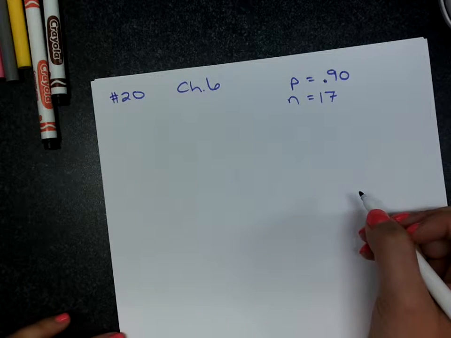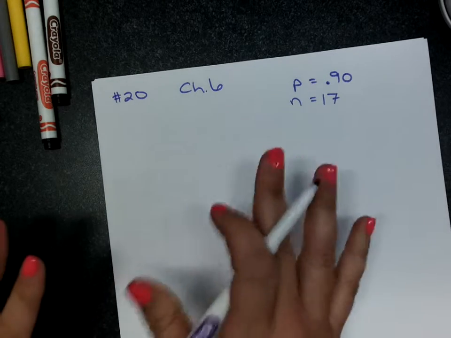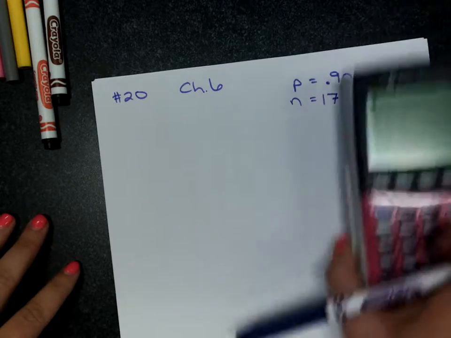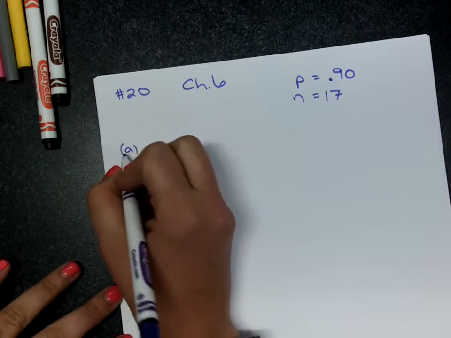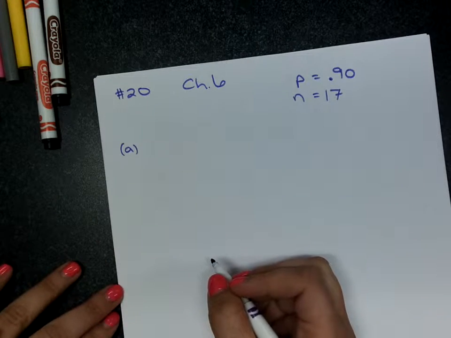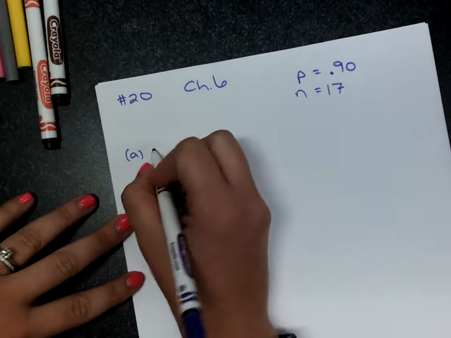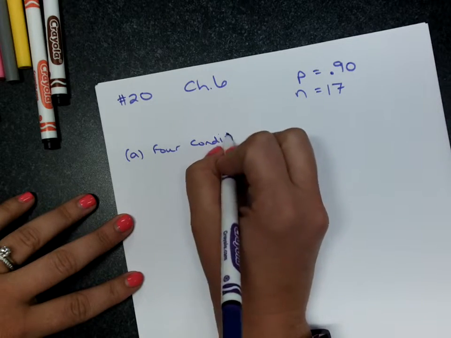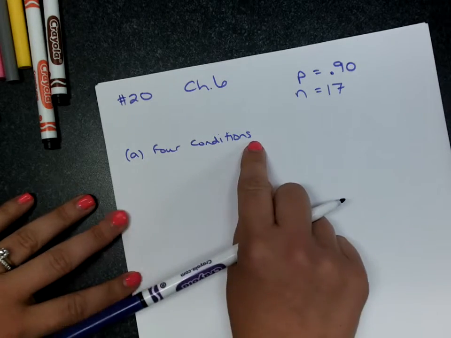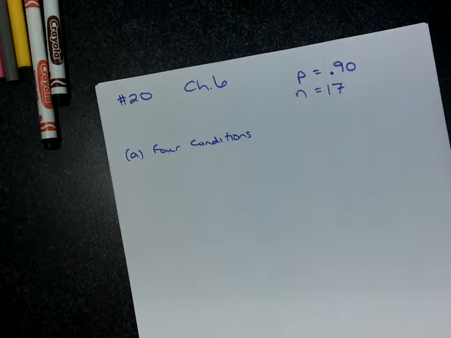Use the Tech Help button for further assistance. Now, Tech Help has a lot of different technology. We're going to be using the graphing calculator. So for part A, it says determine whether this is a binomial experiment. Remember, there are 4 conditions for a binomial experiment. If it meets all 4 of those conditions, it is a binomial experiment, which in this example it is.